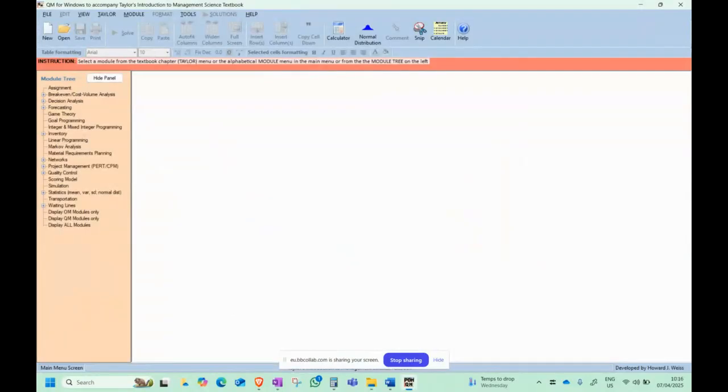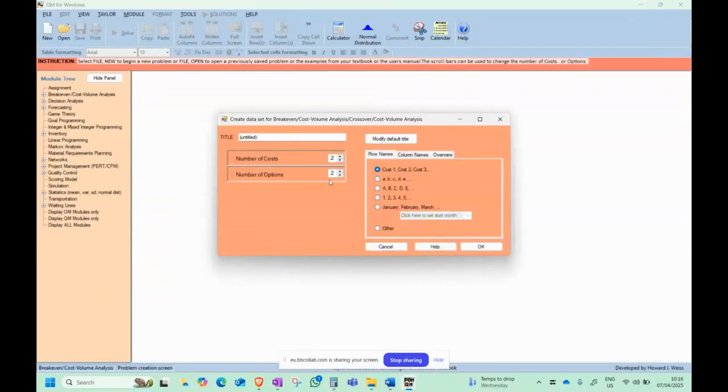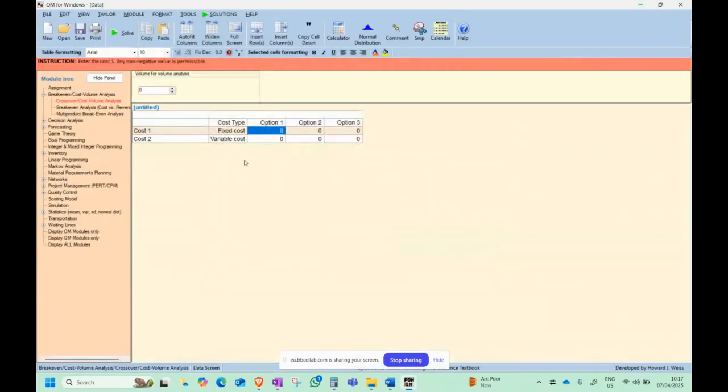It has modules here. The one that we are looking for is crossover. The one that we were given had 3 costs, which was fixed and variable, 2 costs, and it had 3 options. Okay, click OK. So just like this. Option 1, which was A, B, and C, and fixed cost was, if you still remember, 30,000.